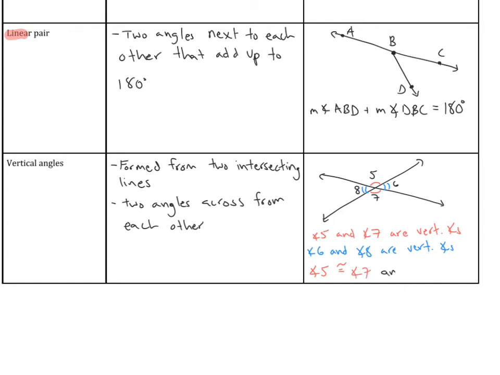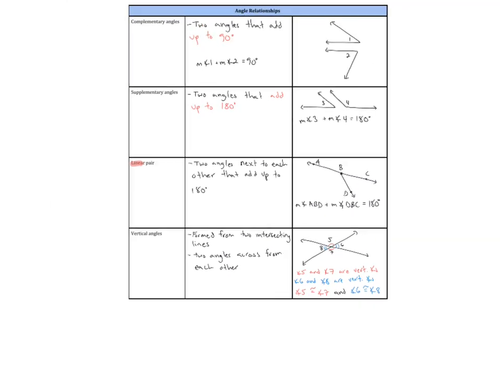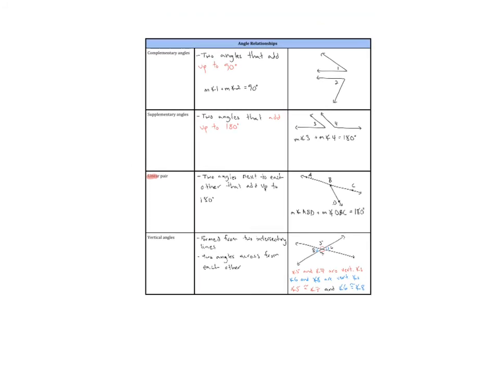And because I have another pair of vertical angles, angle 6 is also congruent to angle 8. So we'll use all four of these relationships to help us solve for the measures of the angles in the next following examples.